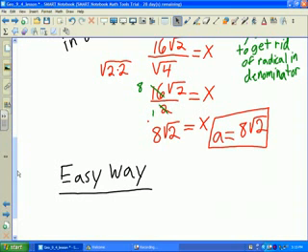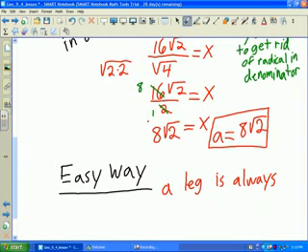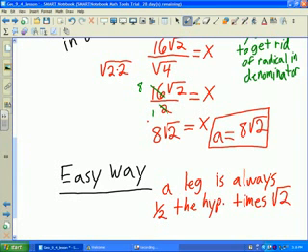Easy way. What you have to realize is that a leg is always half the hypotenuse times square root 2.